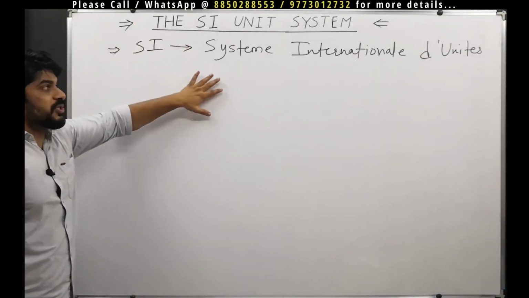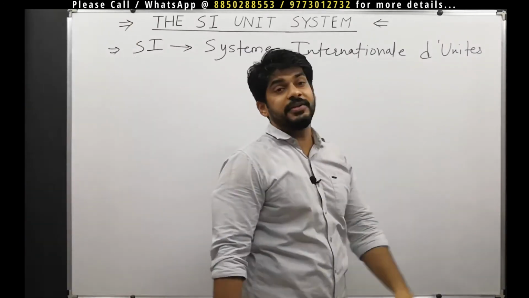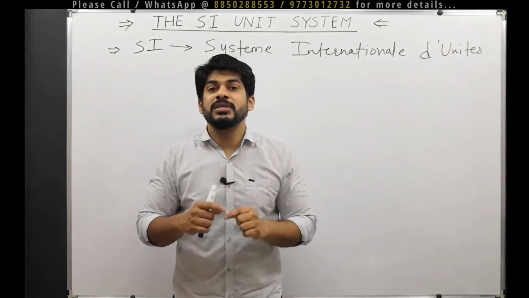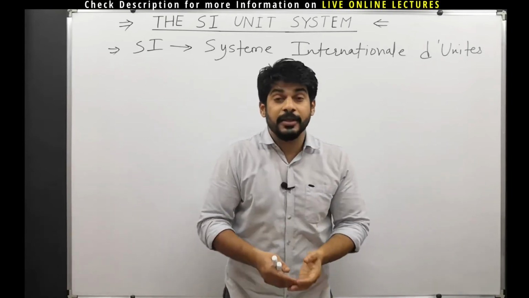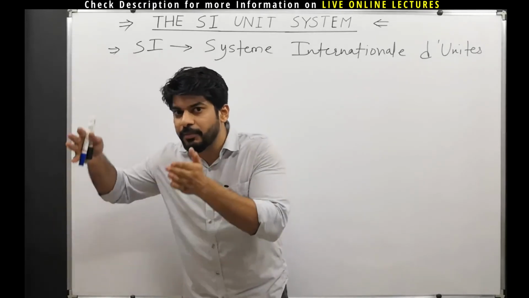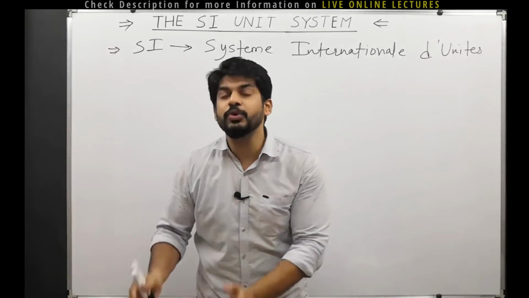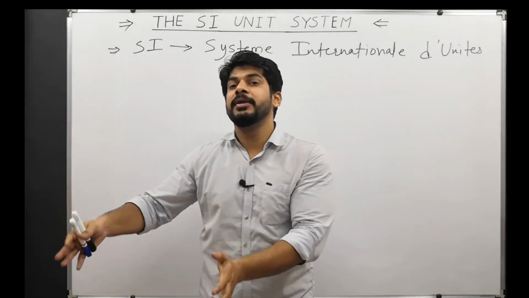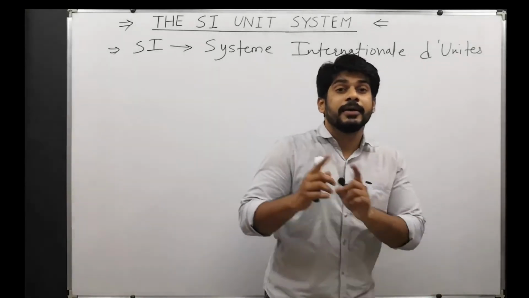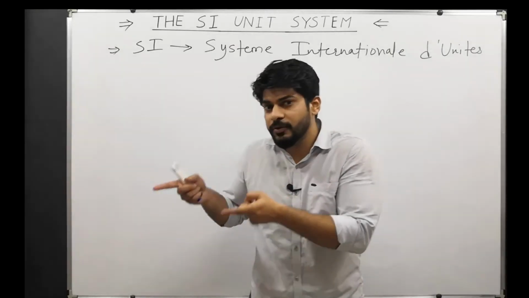This is a system which was introduced by CGPM in 1971, and in this unit system, CGPM recommended that there should be only 7 fundamental physical quantities, and that all other physical quantities can be represented in terms of these 7 fundamental quantities.